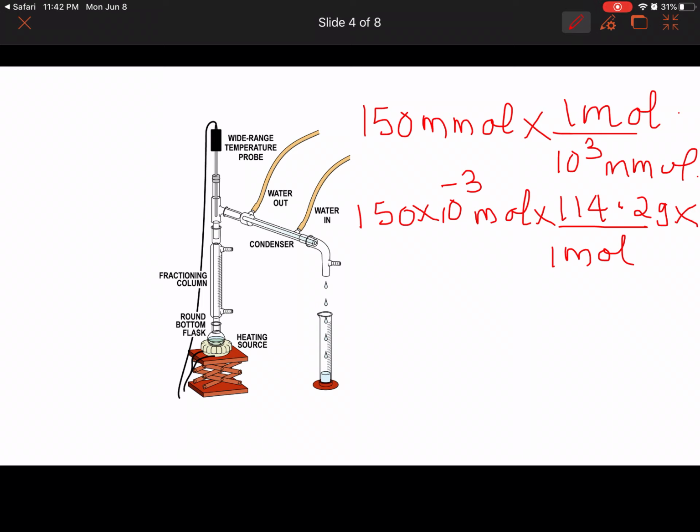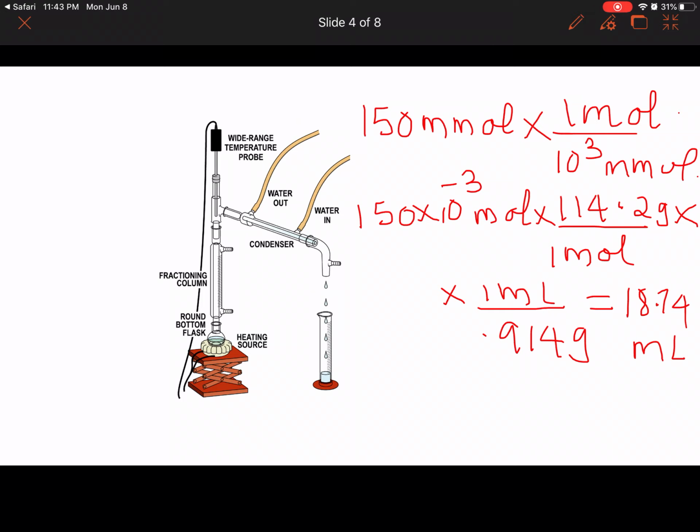Normally we use the mass for solids, but we can use the volume in milliliters, and then we need to convert it to volume using the density. Density is 0.914 grams per 1 milliliter. That would give us 18.74 milliliters.